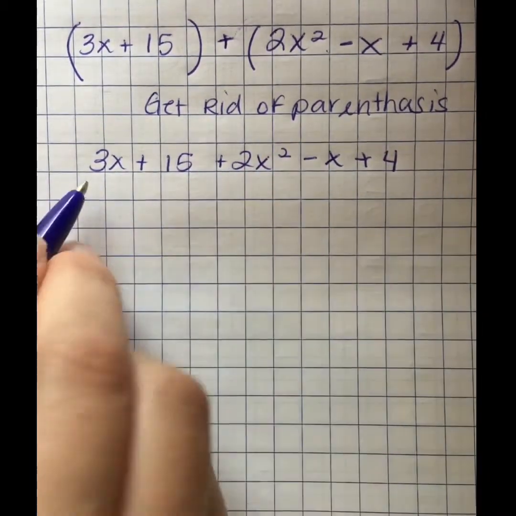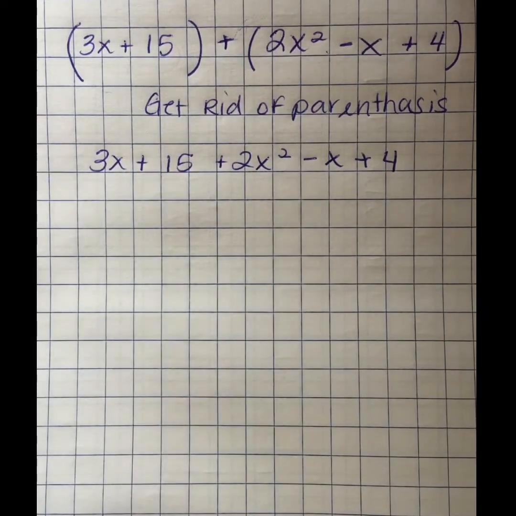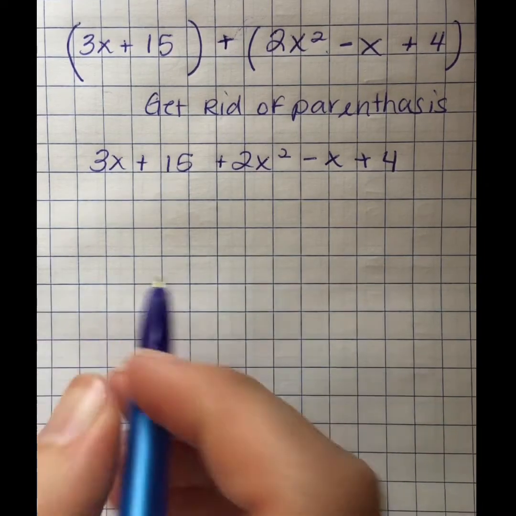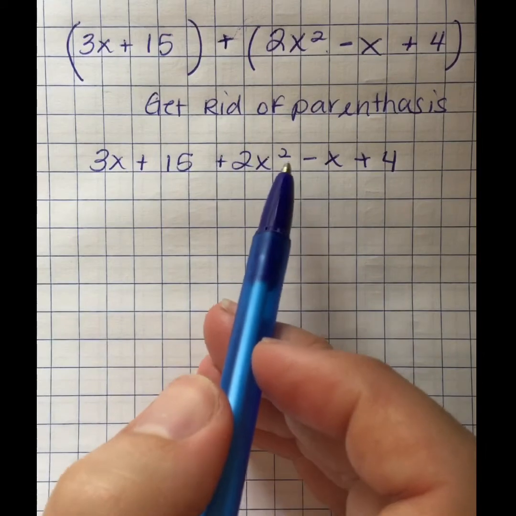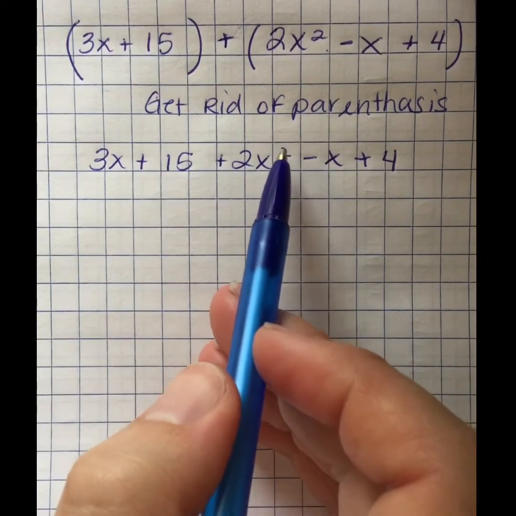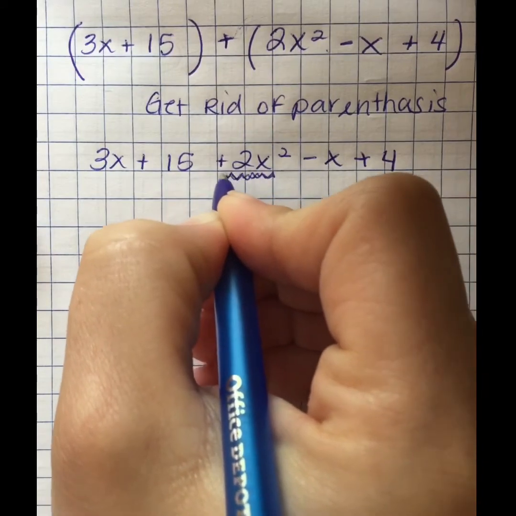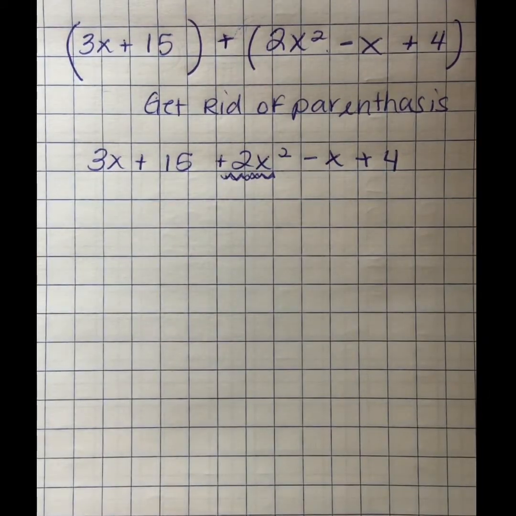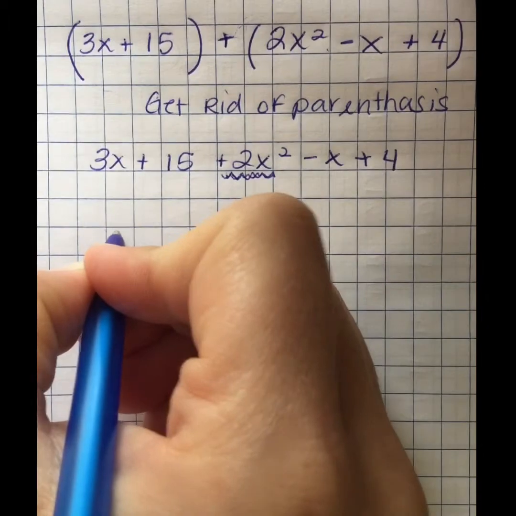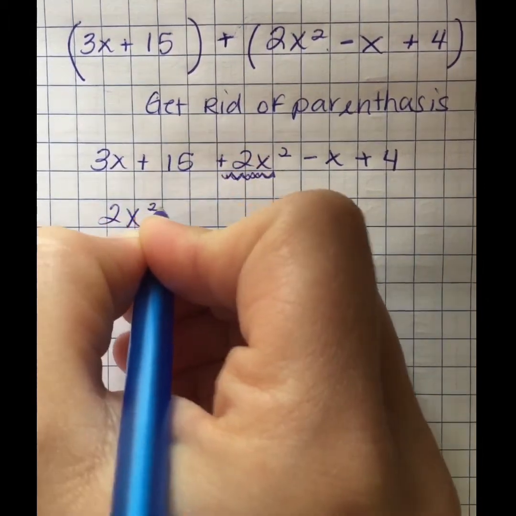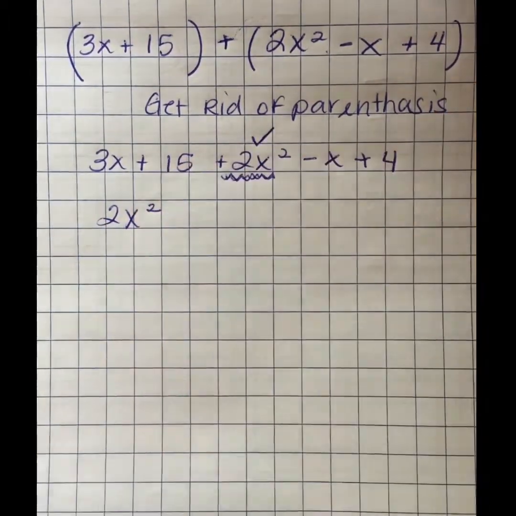Okay, and then you can just start combining like terms. So I like to work in order of highest to lowest degree. So this would be our highest degree. And unfortunately, it does not have a buddy. So that just goes by itself. You can kind of check it off and say done.